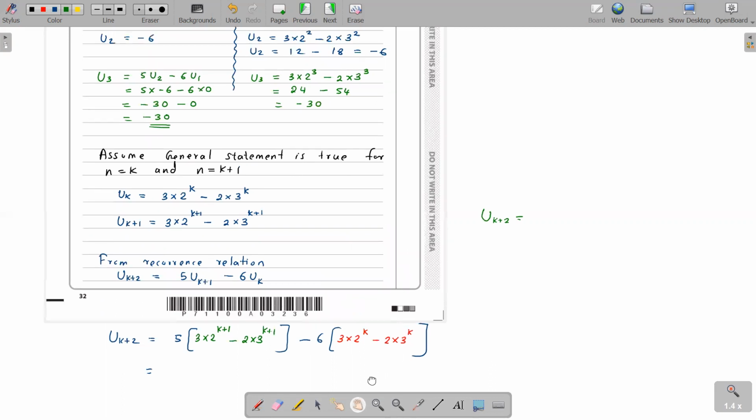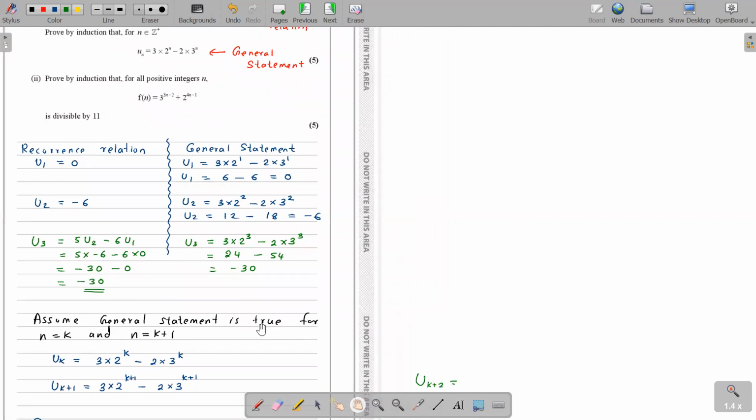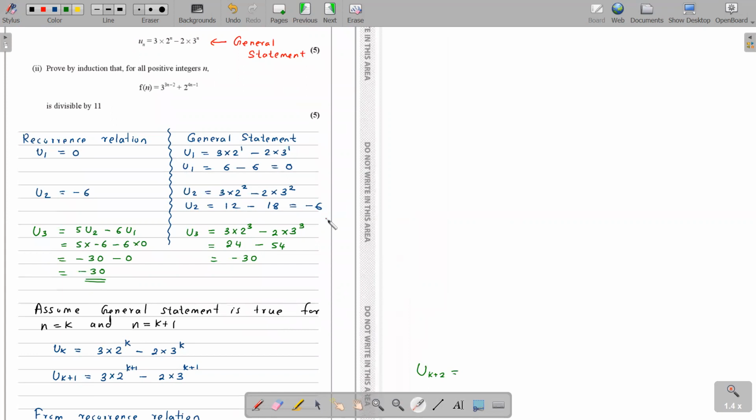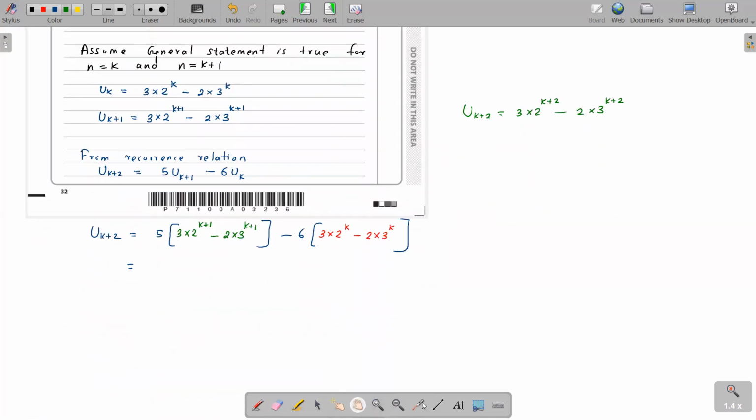So let's get the k plus 2 here. u_{k+2} from the general statement gives me 3 times 2 to the power k plus 2 minus 2 times 3 to the power k plus 2. Okay, so this is my goal. If I can get the same answer from my recurrence relationship, that means this is correct. The proof by induction is done.